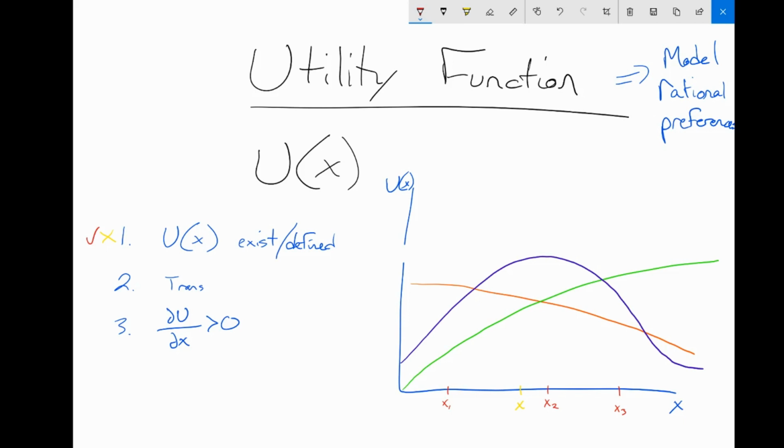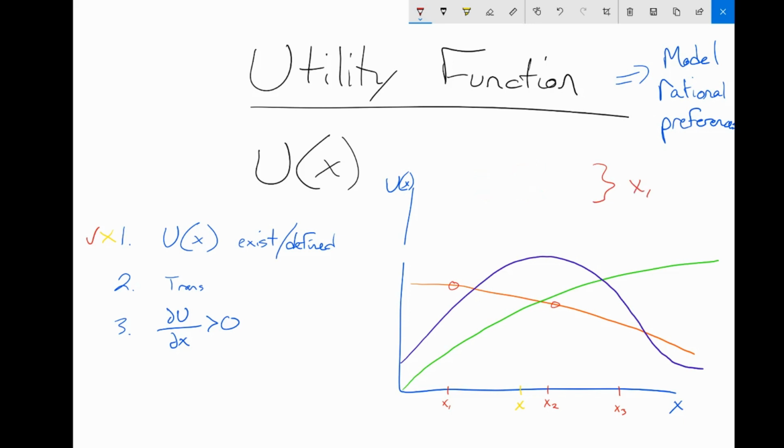Let's say we know that they prefer x1 to x2, and we know that they prefer x2 to x3. You get more utility from x1 than x2, and more utility from x2 than x3. So this should imply that you get more utility from x1 than x3.